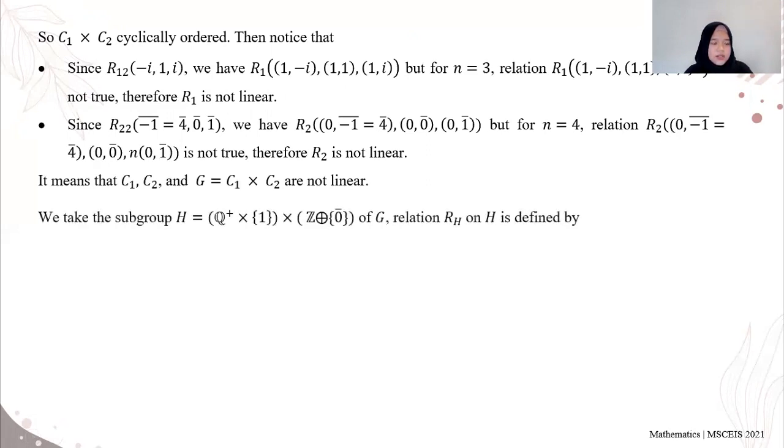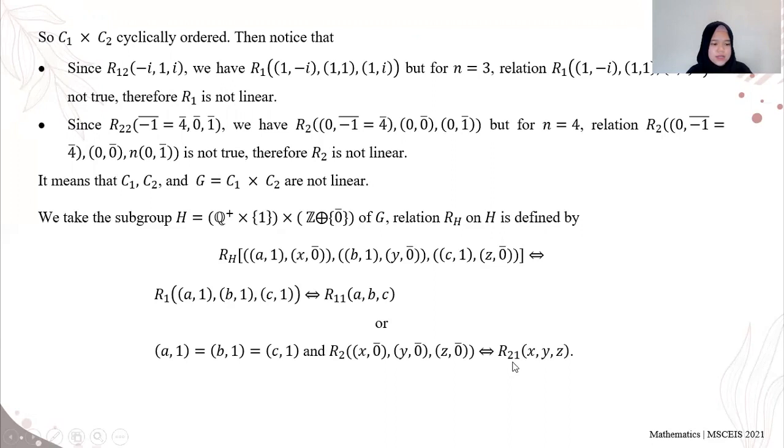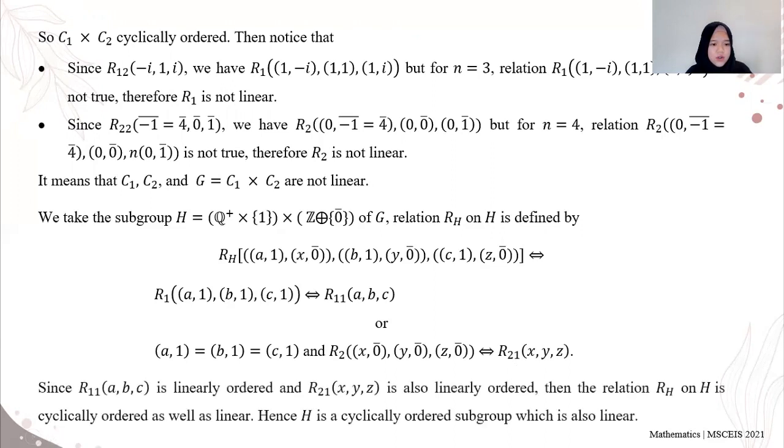But when we take the subgroup H equals Q positive direct product element 1 in torus, direct product Z, direct product element 0 in Z5 of G, relation RH on H is defined by this. Since R11 and R21 are linearly ordered, the relation RH on H is cyclically ordered as well as linear. Hence, H is a cyclically ordered subgroup which is also linear.